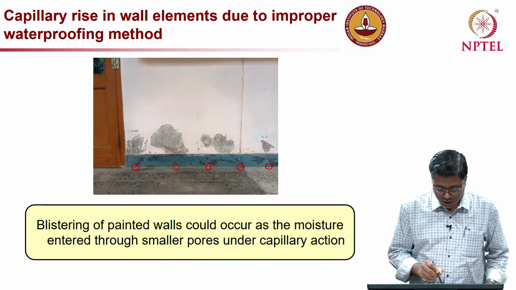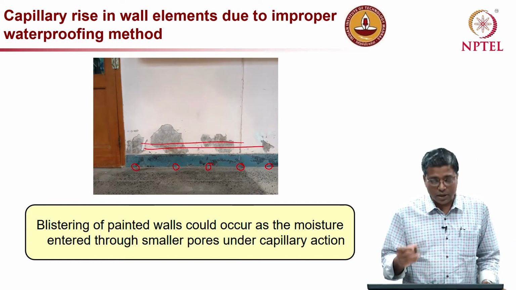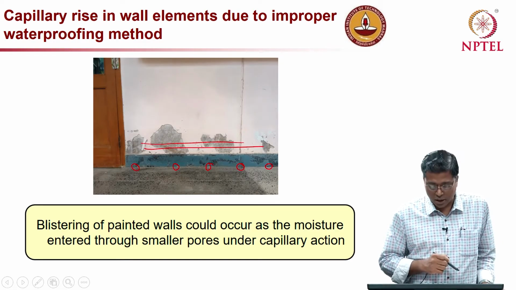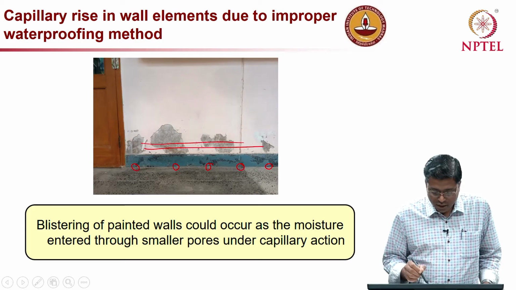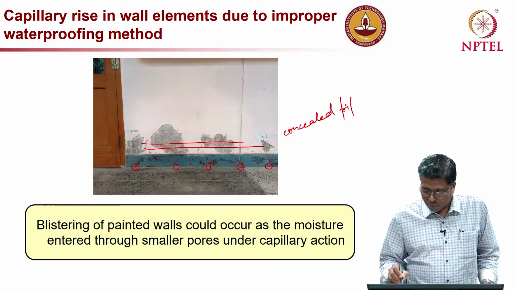In this particular case, there is actually a concealed pipe which goes like this and which is leaking, and also the floor. Behind this wall is actually a restroom. So, two things are here: concealed pipes and wet floor.